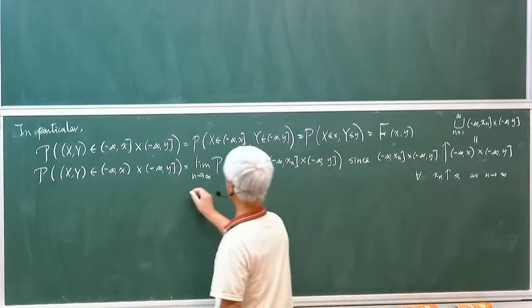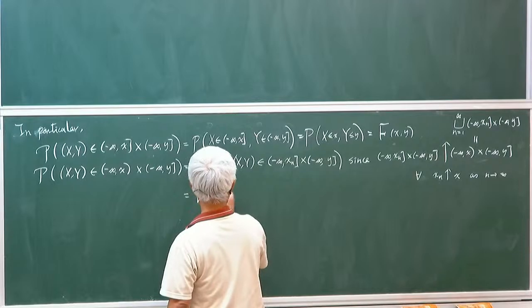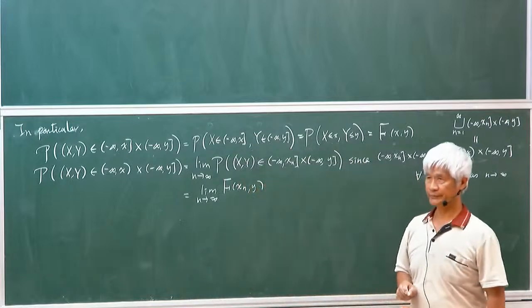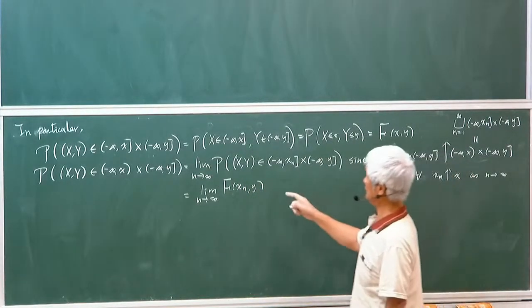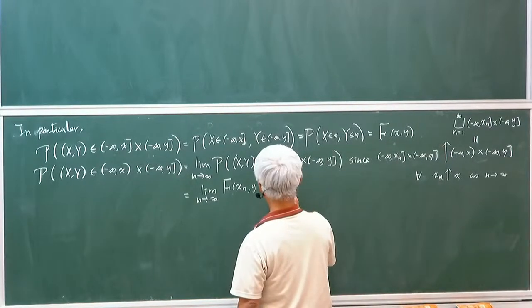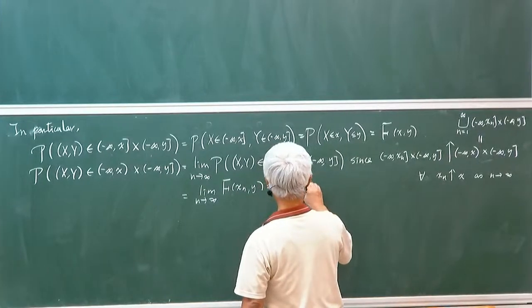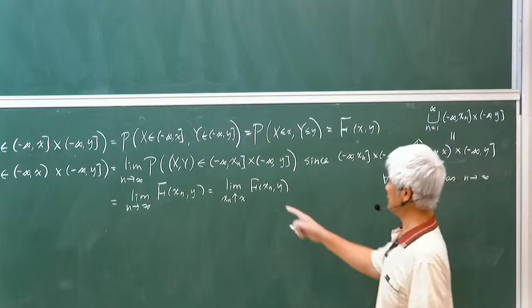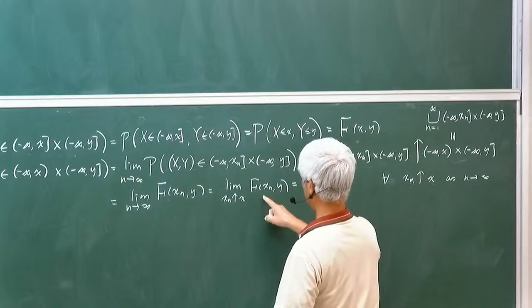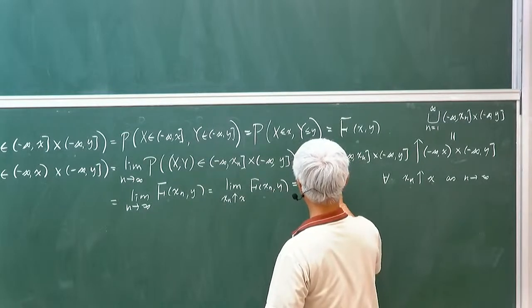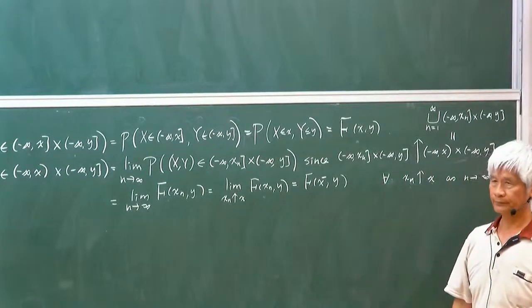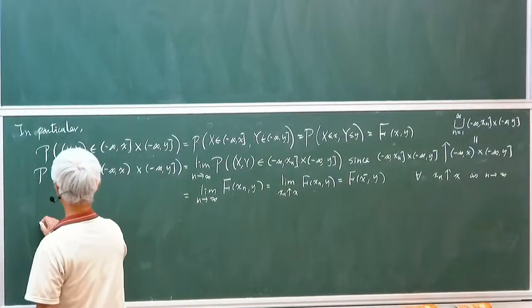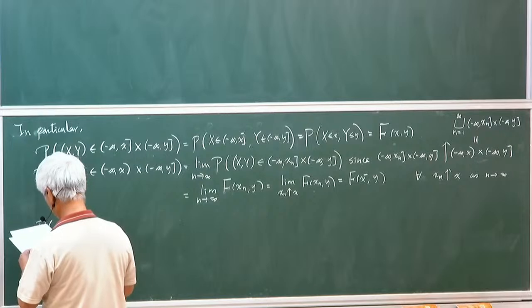This is the limit as n goes to infinity, and as we know, this is the joint CDF: the limit as x_n goes up to x of F of x_n and y. So this is F of x minus and y.